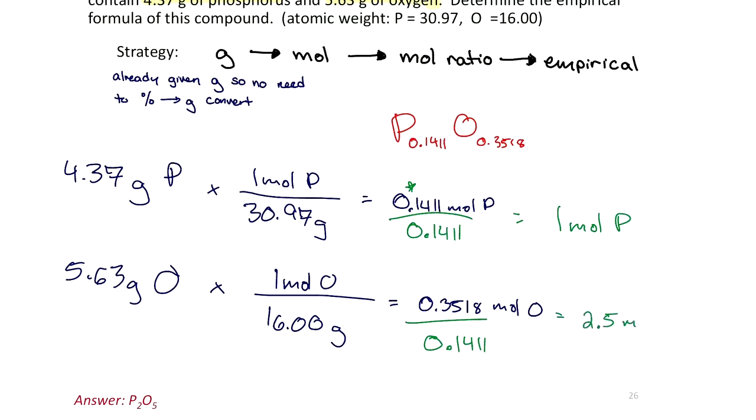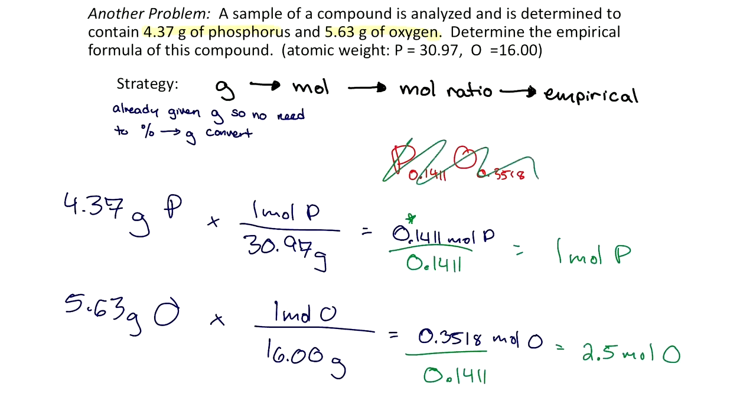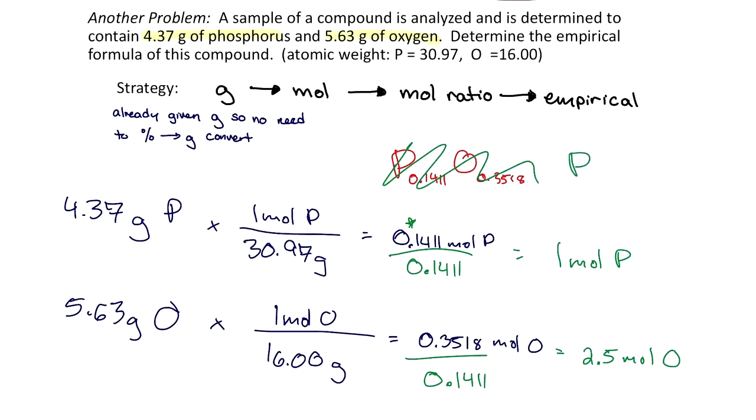2.5 moles of oxygen. Okay, so does that mean my empirical formula is P1O2.5? No. So how about I just round 2.5 to 3? So it's PO3, is that right?